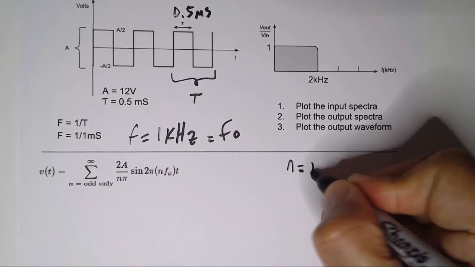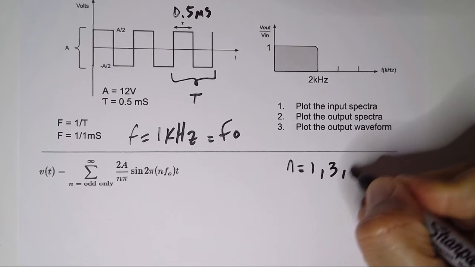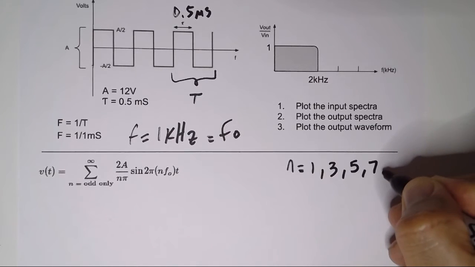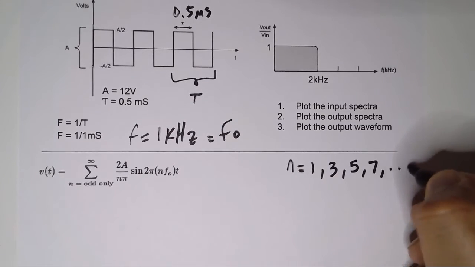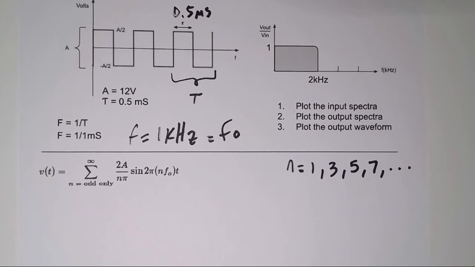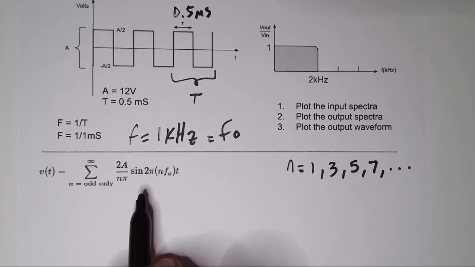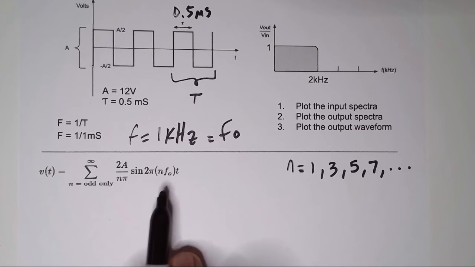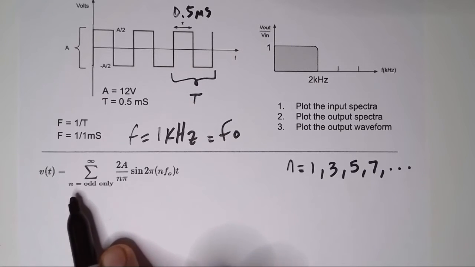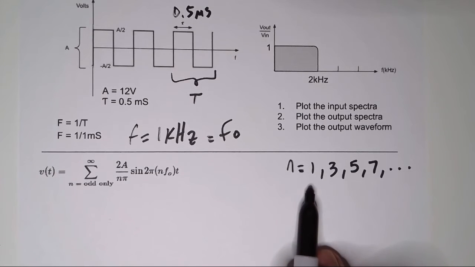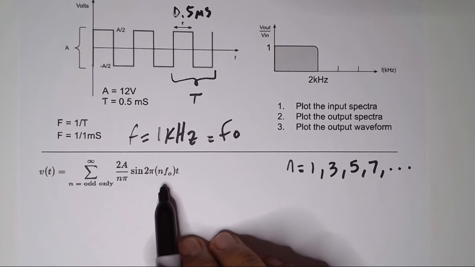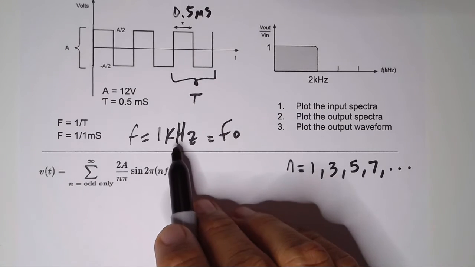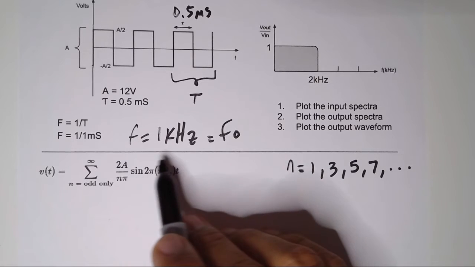In this case it will be the first harmonic, third harmonic, fifth harmonic, seventh harmonic, and so on. Odd numbers of harmonics. That's the catch for this expansion. Wherever we have an n, we will plug in the harmonic number that we are working with, and wherever we find f0, we're going to plug in our fundamental frequency.